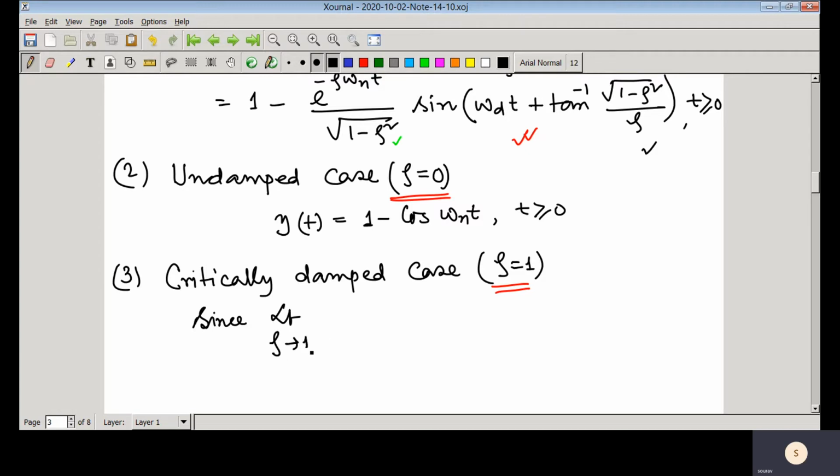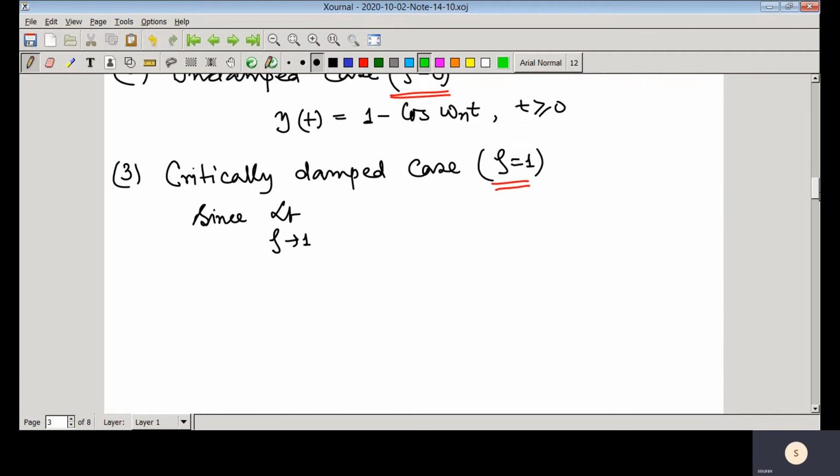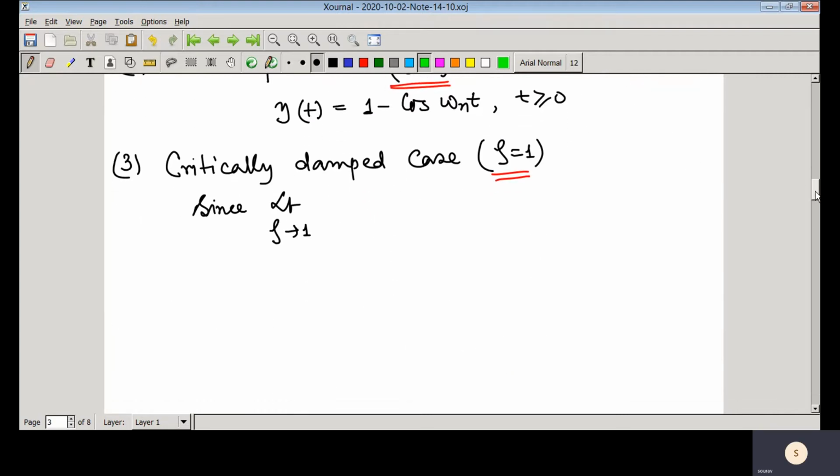As zeta tends to 1, look at the sine term: sine of omega d t divided by square root of 1 minus zeta square, where omega d is omega n square root of 1 minus zeta square. So sine of omega n square root of 1 minus zeta square into t, divided by square root of 1 minus zeta square, if you take the limit, gives you the value omega n t.